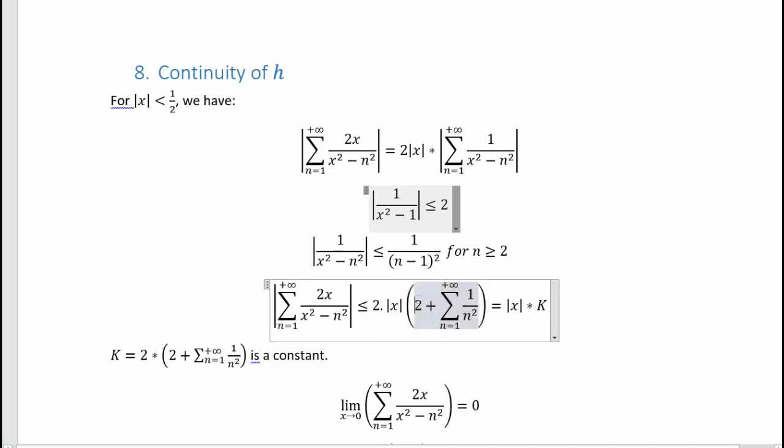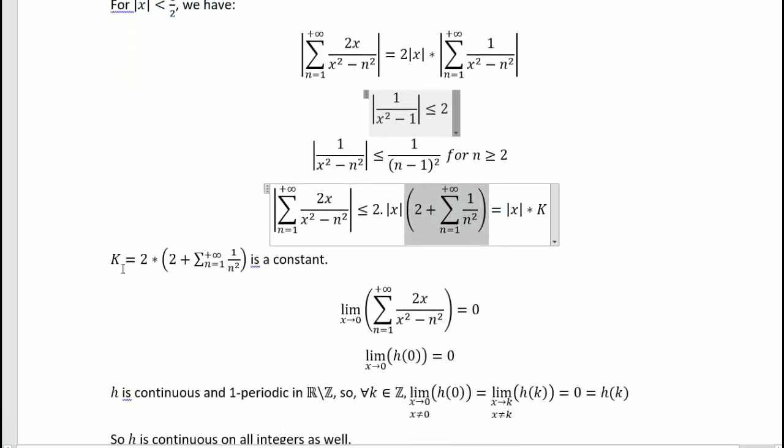Well, actually twice this is a constant k. So we know that the limit of this when x will go to 0 is 0 because we've got x times a constant, because this doesn't depend of x.